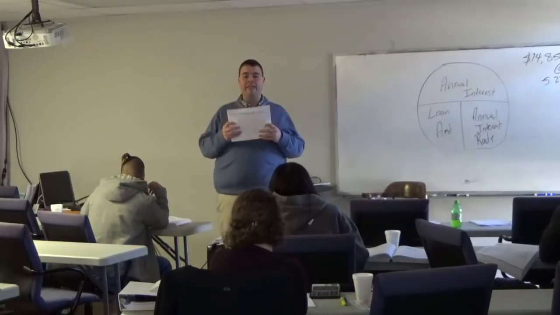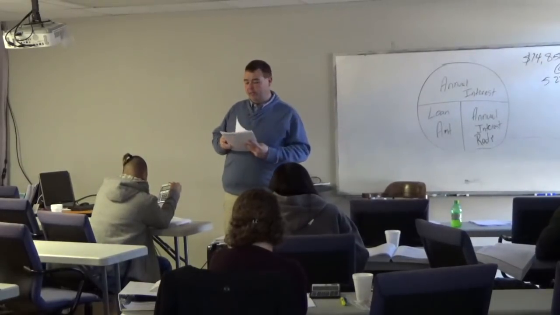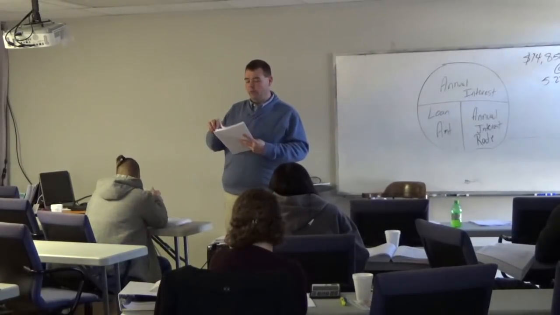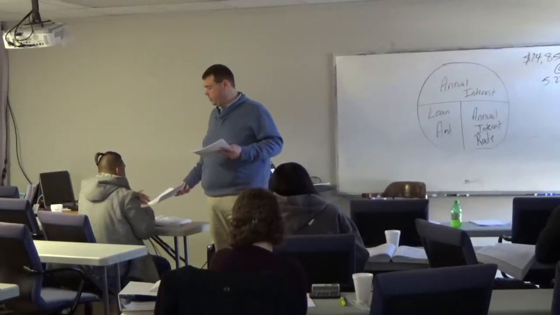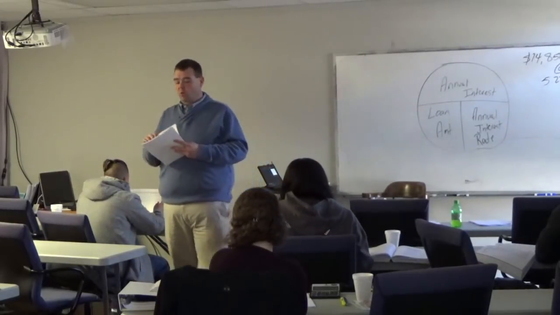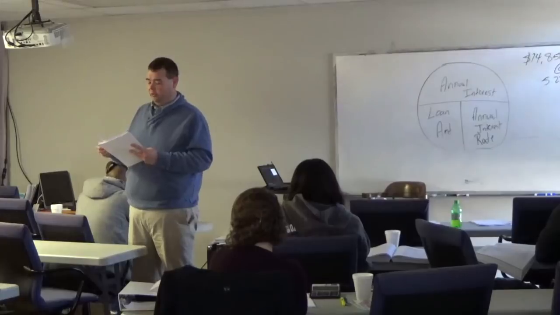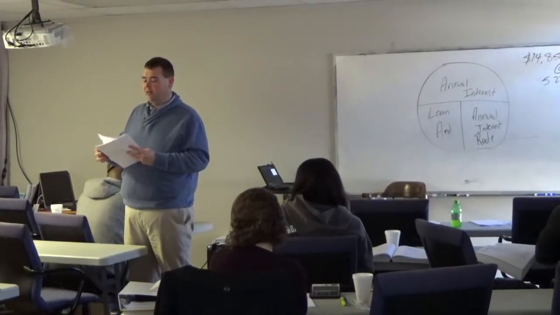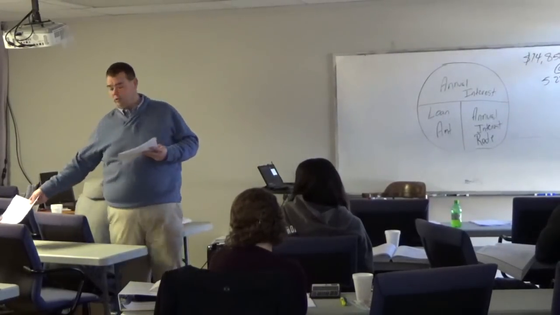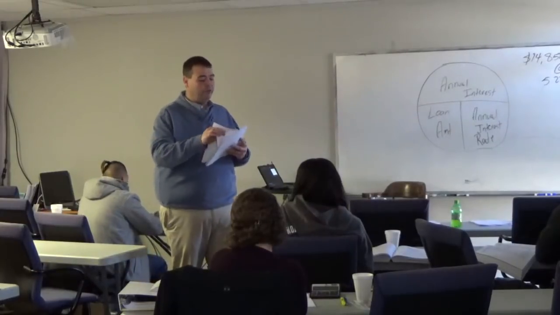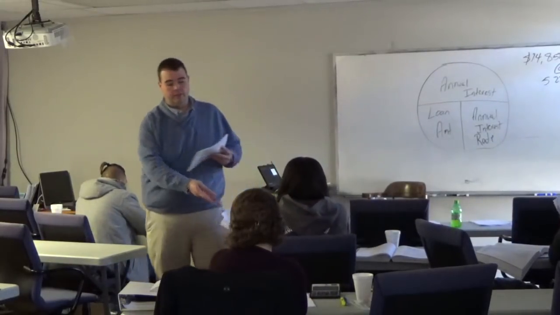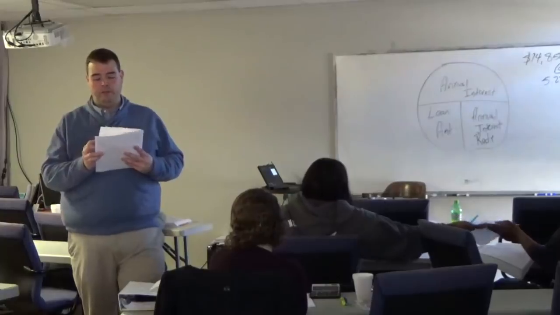Does that make sense? I'm going to pass these out, and I'm going to let you take like 3 or 4 each of them so that we can work through some of these questions. One of the things that we need to be able to do is to calculate how much money you owe after a certain number of payments.